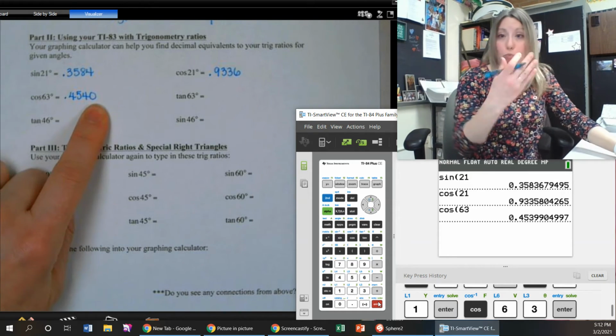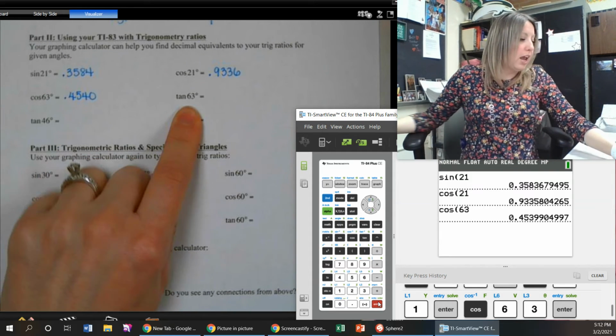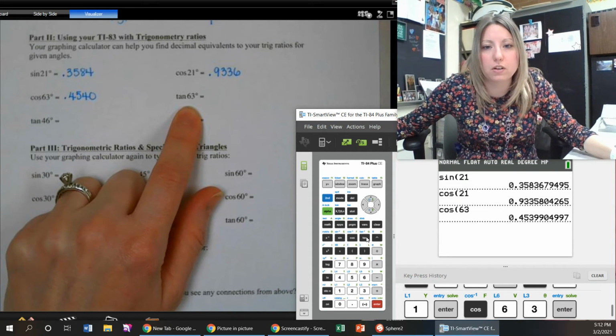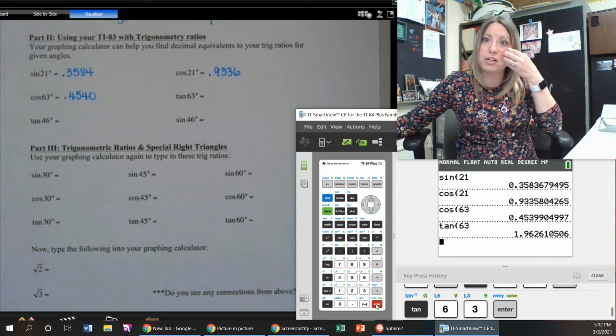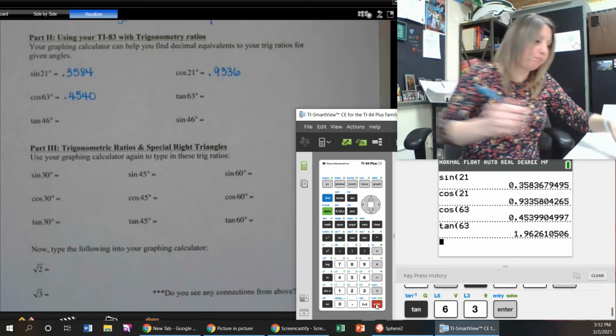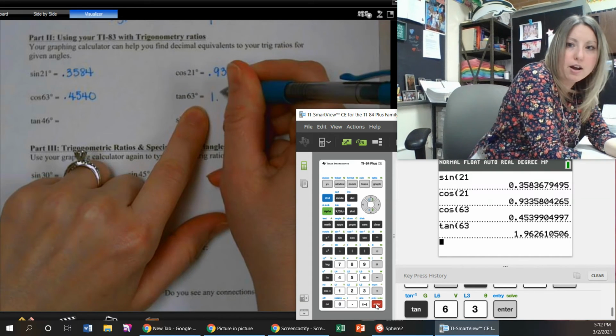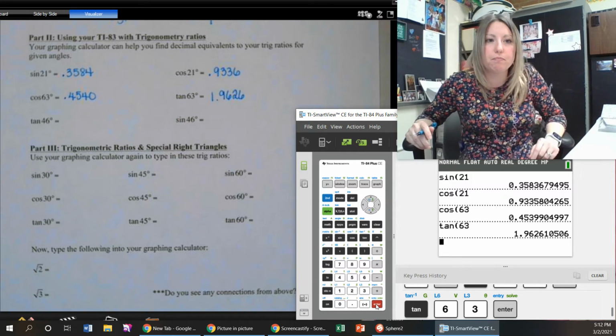And yes, I'll write that 0 in because I'm going to ten thousandths. Tangent of 63, interesting. I was going to say that's going to be over 1 because tangent of 45 is 1. So now we're above 1. 1.9626. Hey, the first one I haven't had to round that last digit.